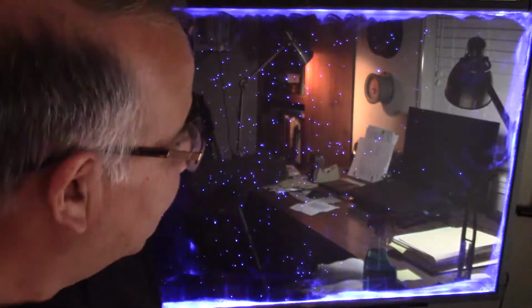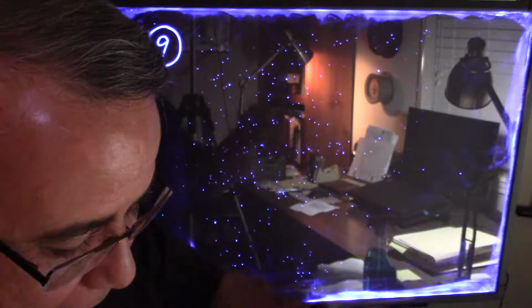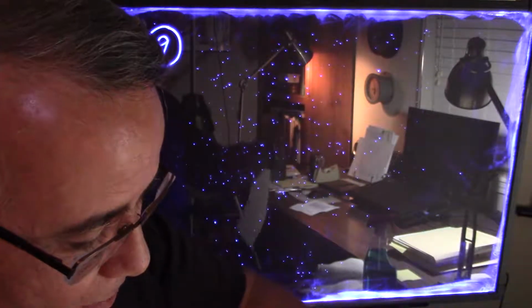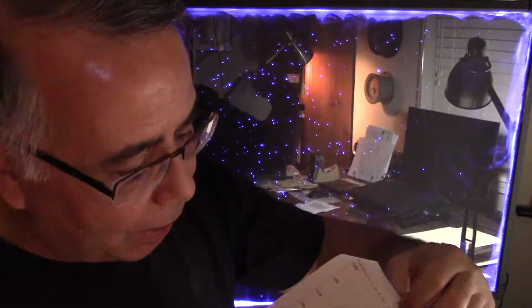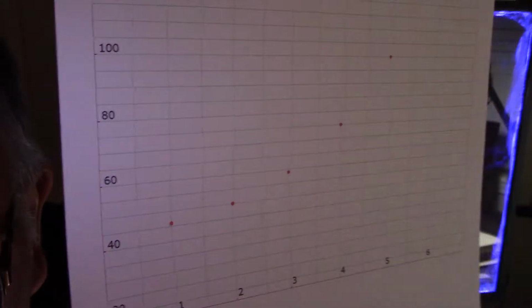Much better than doing it on here. Take a lot less time and it's a lot neater, more precise, more accurate. So here are the data plotted nicely for you, and you can check the results yourself.